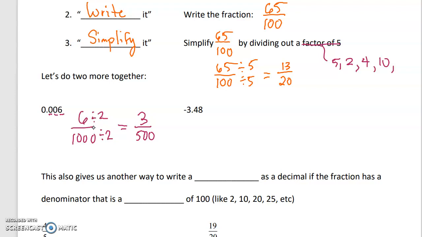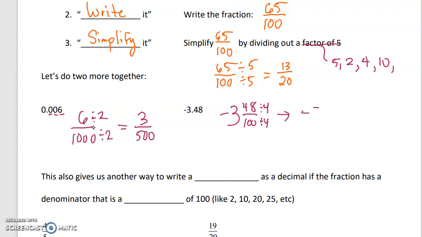The next number, if you notice, first of all it's -3, and then it has a decimal piece, the 48 hundredths. And so we're going to make this a mixed number. So this is going to be -3 and 48 hundredths, and 48 is actually divisible by 4.